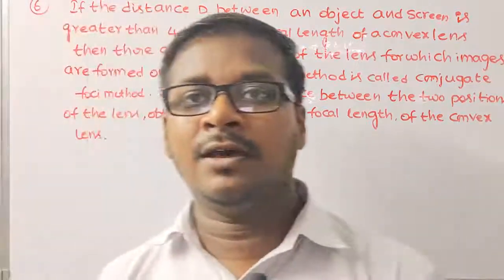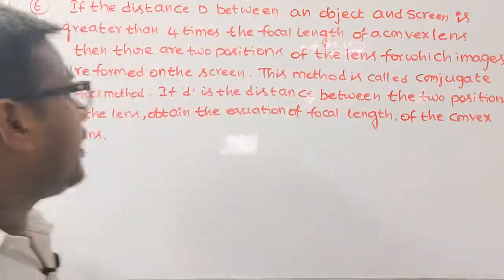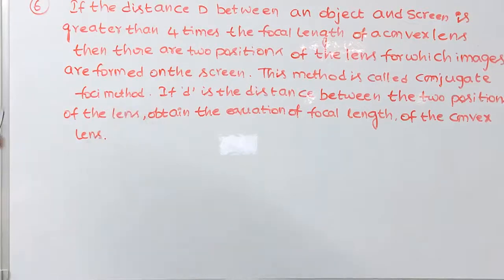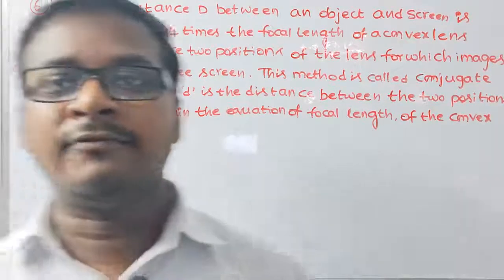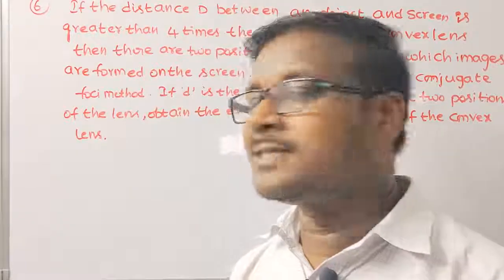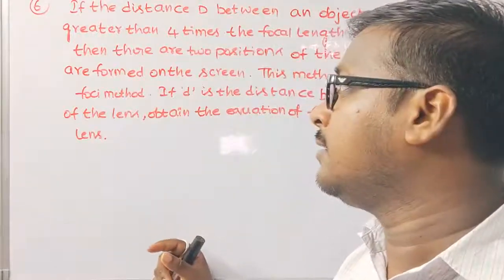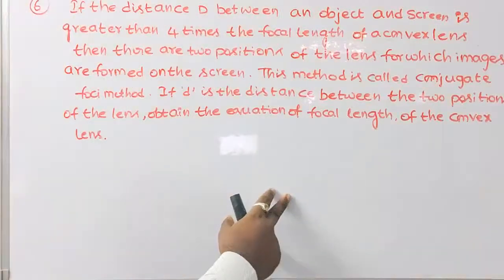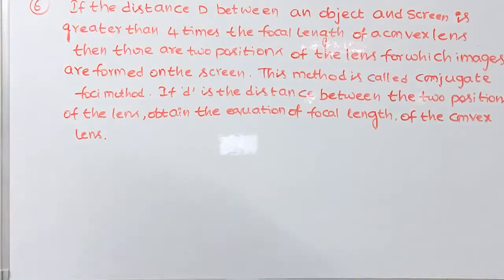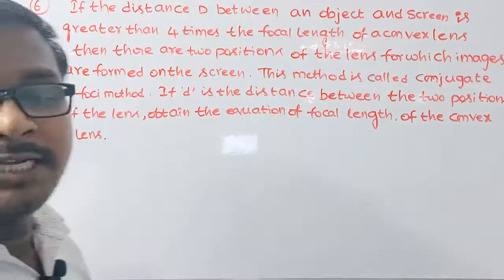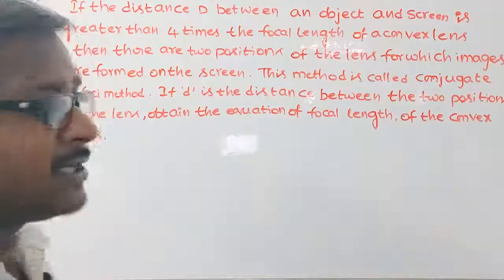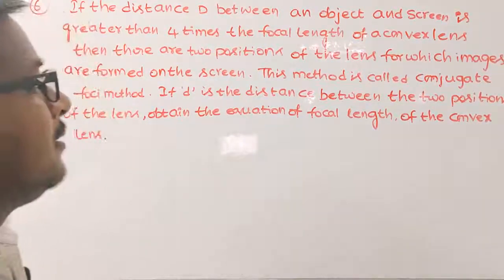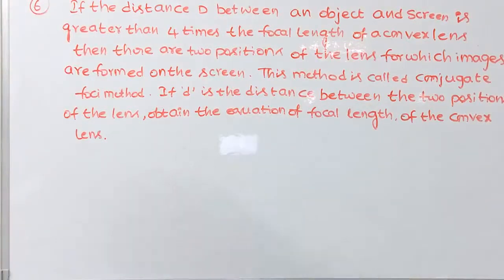First of all, conjugate foci method means a pair of two such points on the principal axis of a lens, such that an object placed at one point has its image at the other. That is called the conjugate foci method.